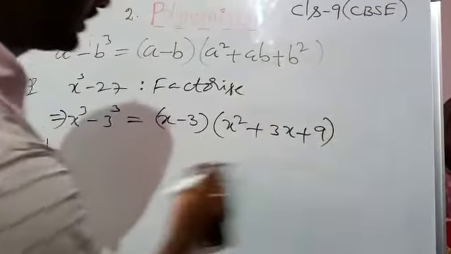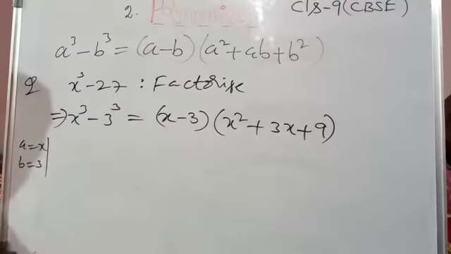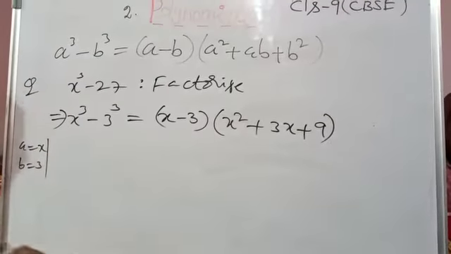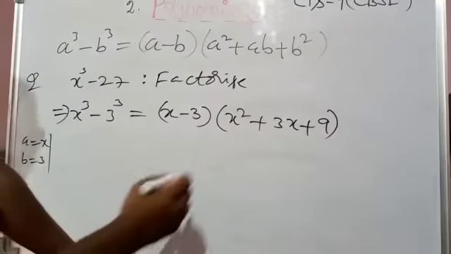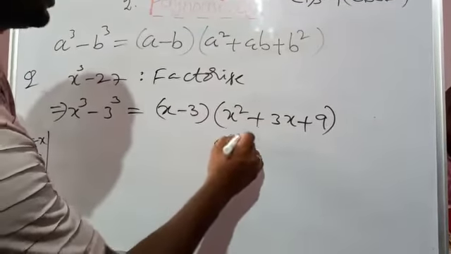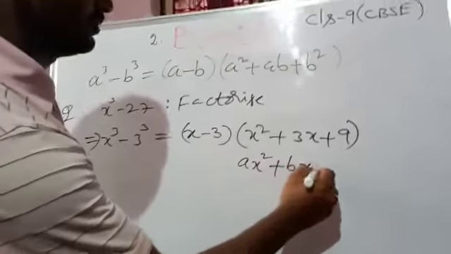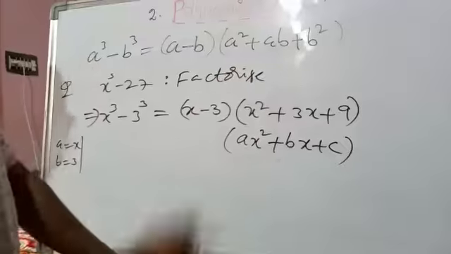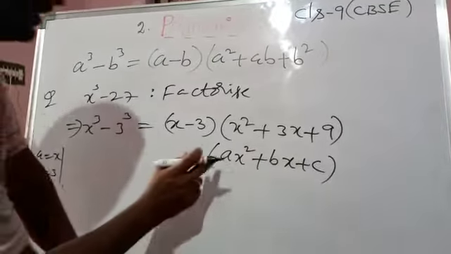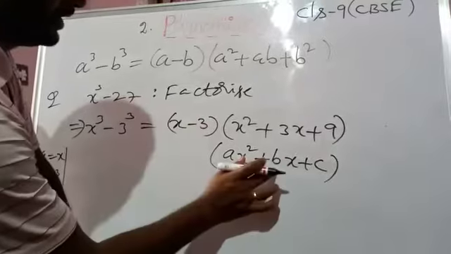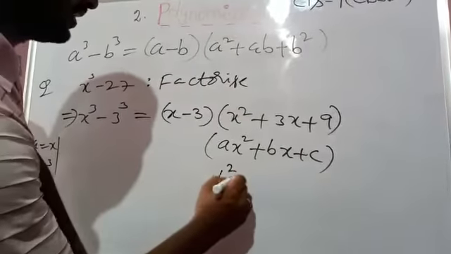How can we say whether a quadratic polynomial can be split or not, that is, whether we can split the middle term or not? Just compare with the standard form of a quadratic polynomial, ax square plus bx plus c. Here a is 1, b is 3 and c is 9, students. Find b square minus 4ac.